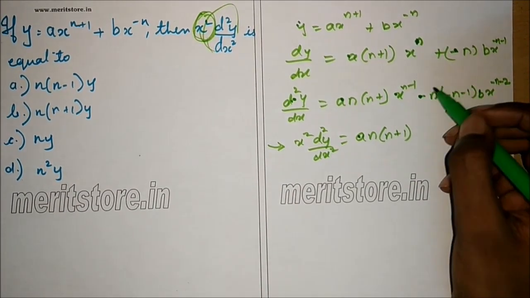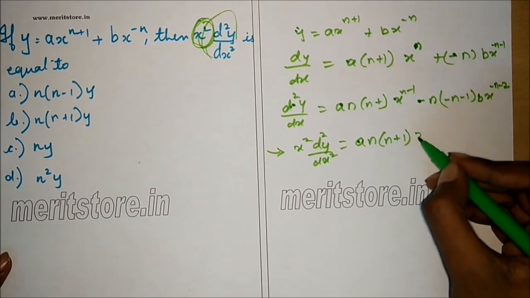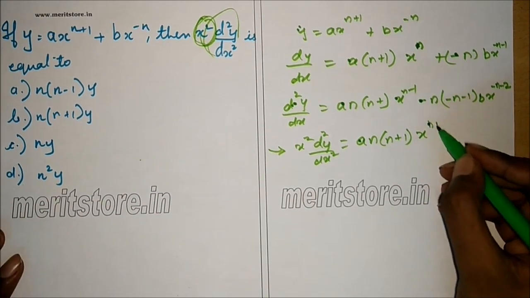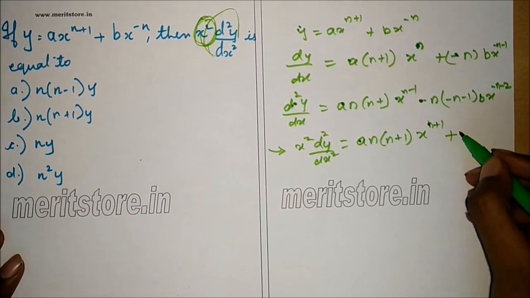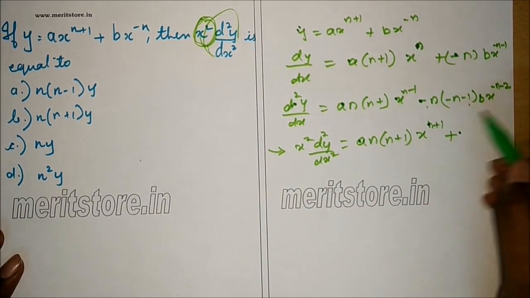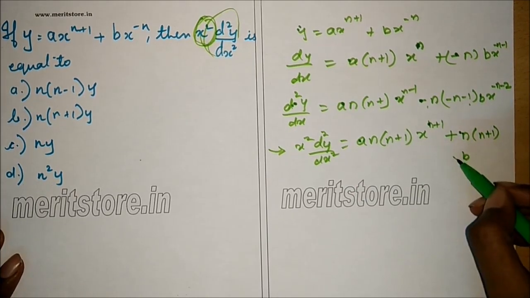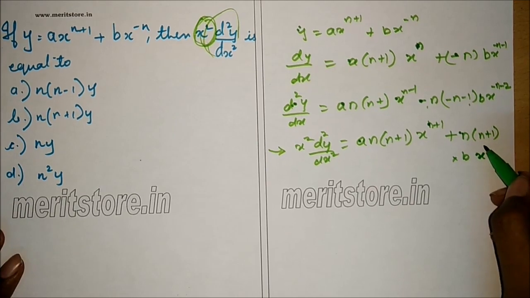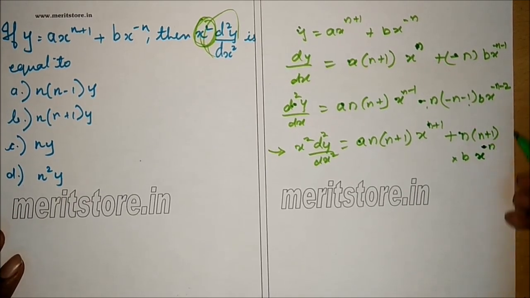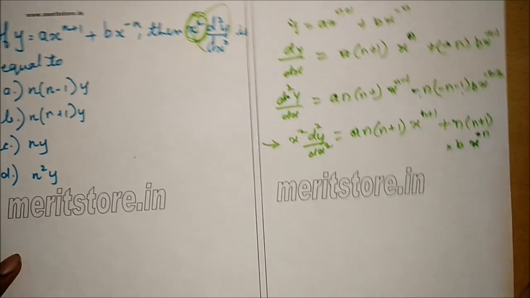So minus 1 plus 2 is plus 1. So this will be x raised to n plus 1 plus minus into minus is plus. So this will be n into n plus 1 into b x raised to minus n, since minus 2 plus 2 is 0.